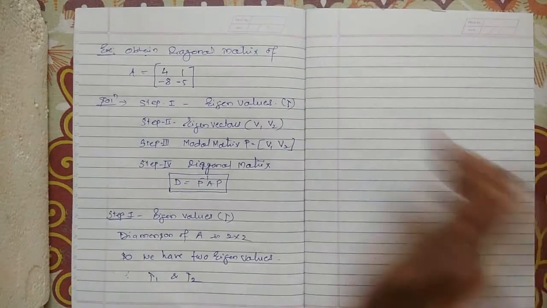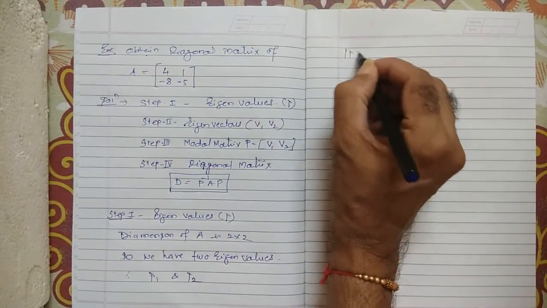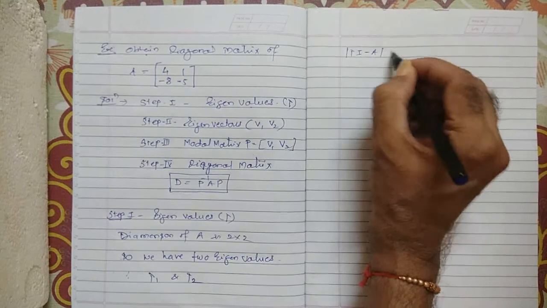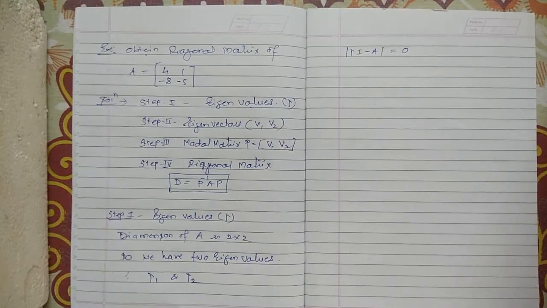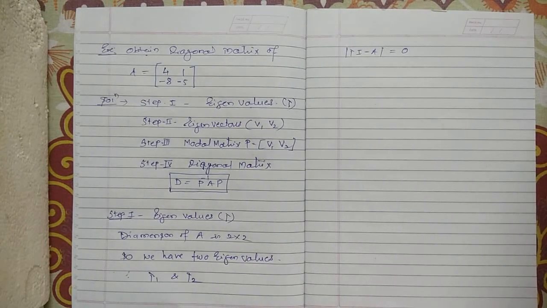Now for this we have the equation lambda I minus A equals 0.